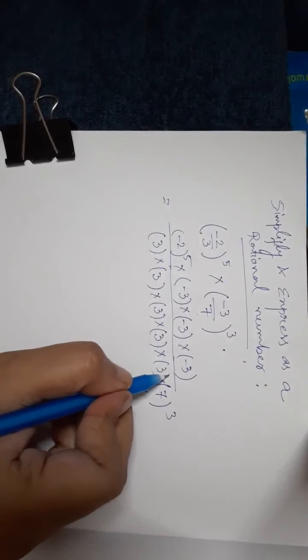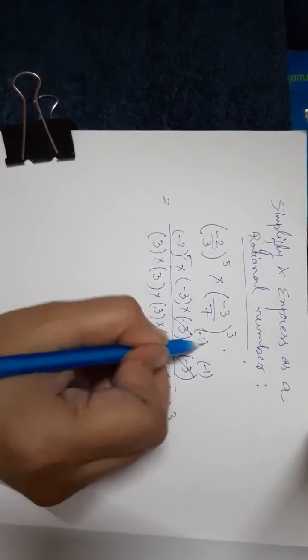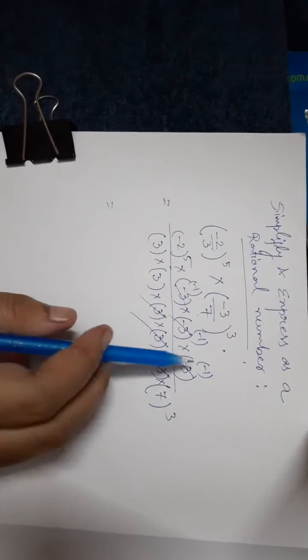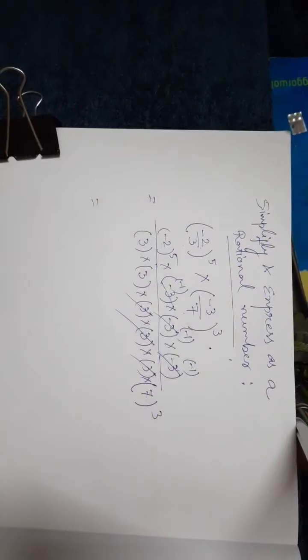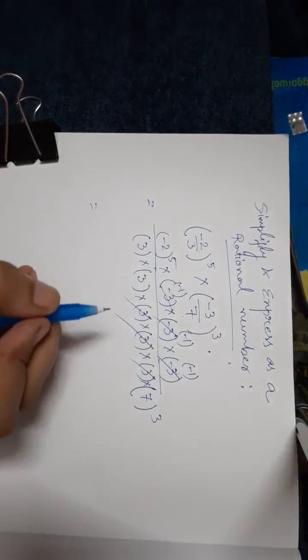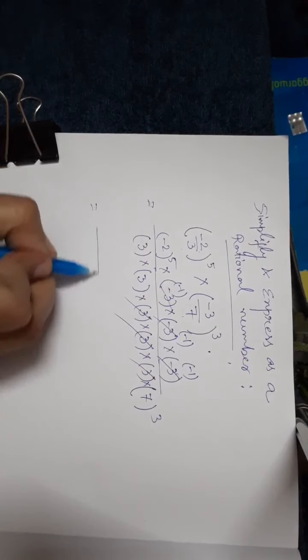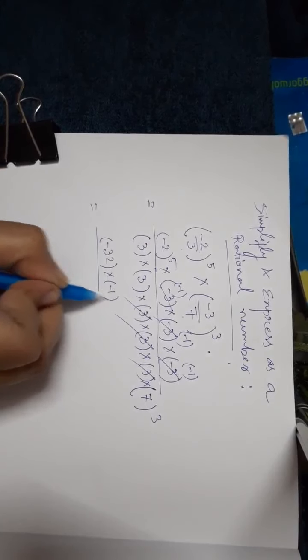Now see, from the denominator we can cancel this and this, minus 1 will be left. Then we can cancel this and this, again minus 1, again this and this, minus 1. So ultimately minus 1 into minus 1 into minus 1, we get minus 1 only. Then minus 2 to the power 5: we know 2 to the power 5 is 2 into 2 is 4, 4 into 2 is 8, 8 into 2 is 16 and 16 into 2 is 32. Because minus is there, we get minus 32 into minus 1.